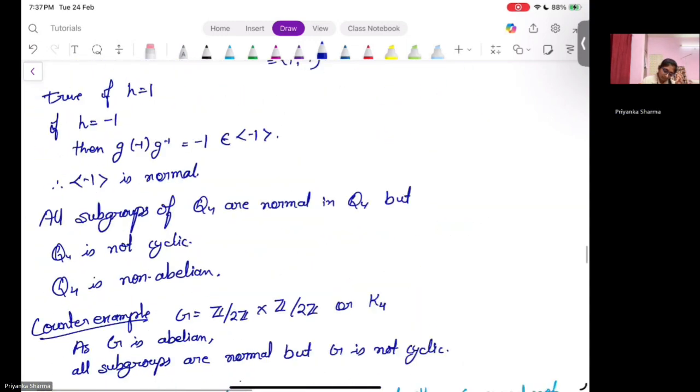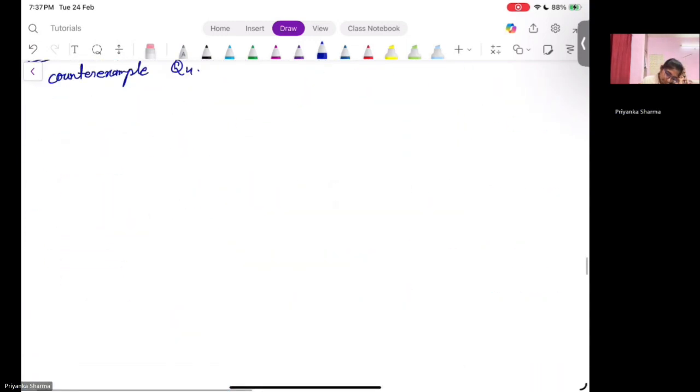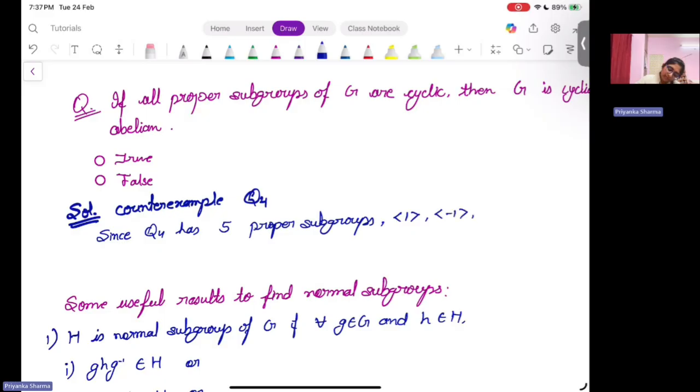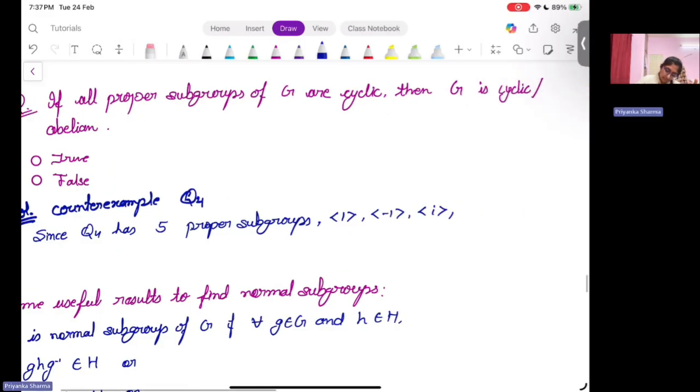Okay, so Q4 has 5 proper subgroups. Namely, the subgroup generated by 1, the subgroup generated by -1, I or -I, both are same, the subgroup generated by J and the subgroup generated by K.